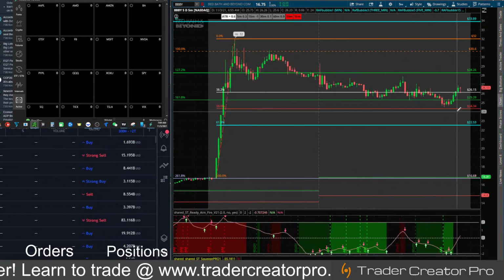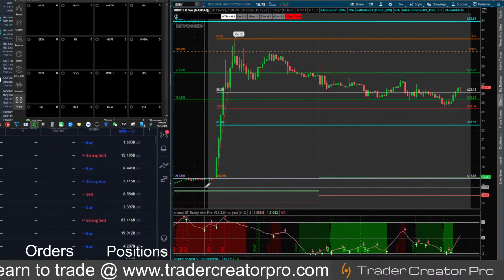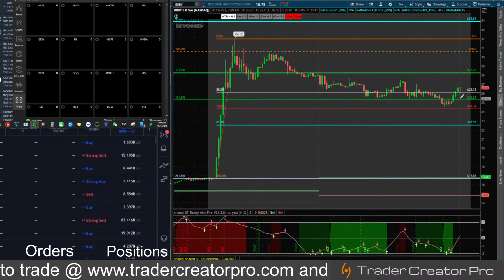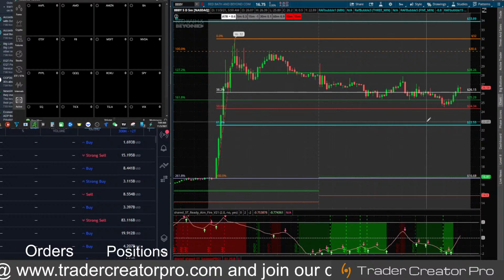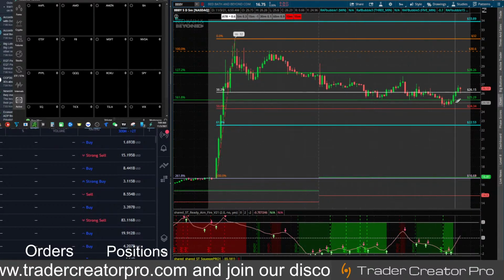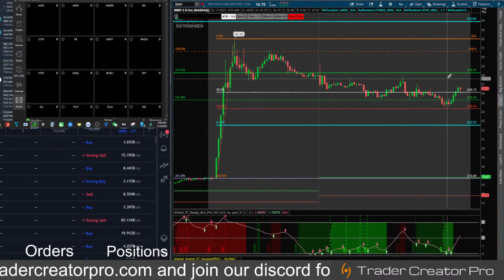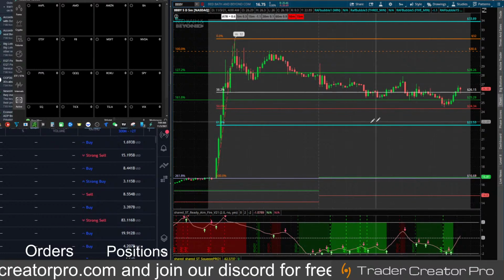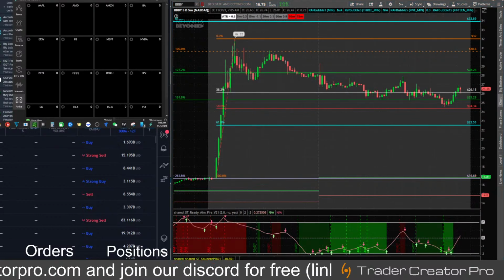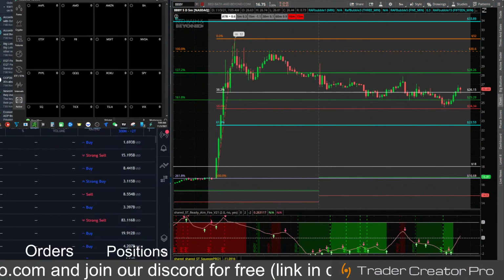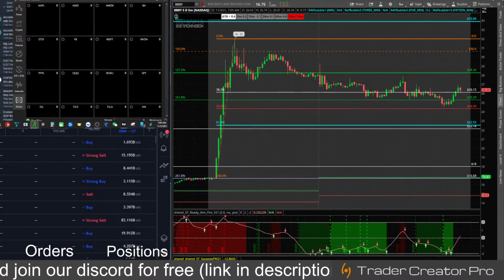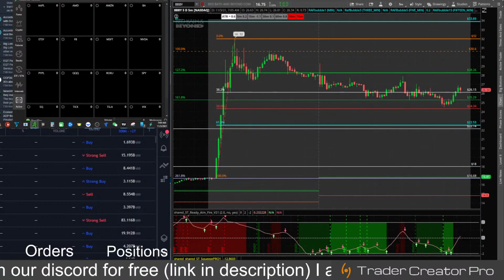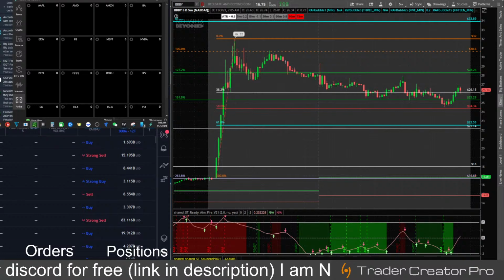It's holding the 50% area of its original big pop, but it has been slowly grinding down for a while now. So I'm just going to keep an eye on it, see what it does with these different levels that I just drew. And we do have a big gap to close above $18. That gap closes at 24, so it's actually just creating a new gap.